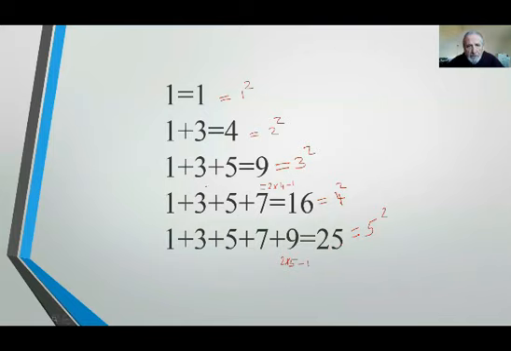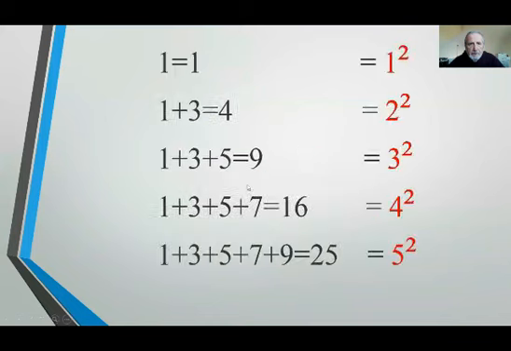This one here, 5, is 2 times 3 minus 1. So now we write this again: 1 is equal to 1 squared, 2 squared, 3 squared, 4 squared, 5 squared.